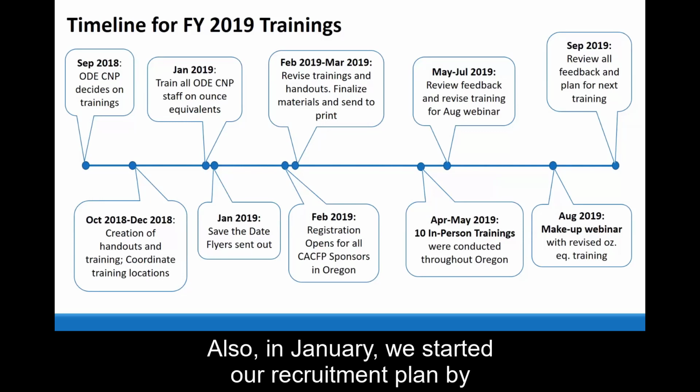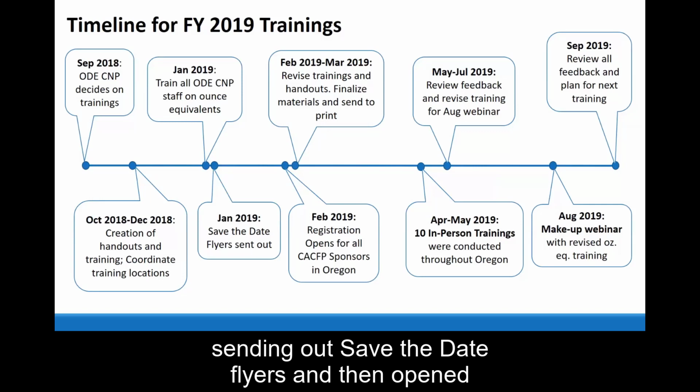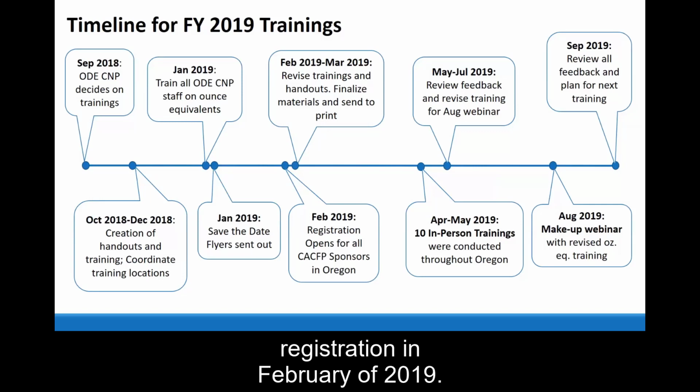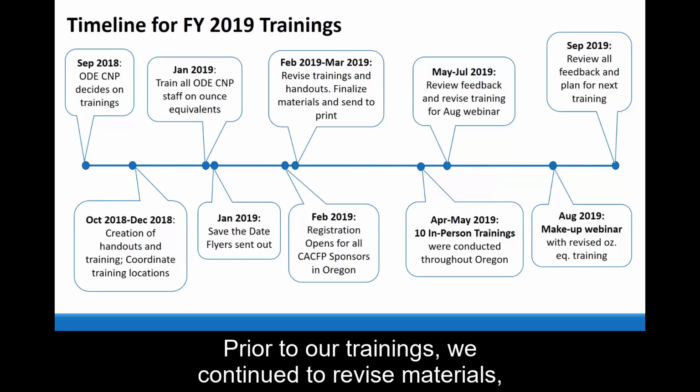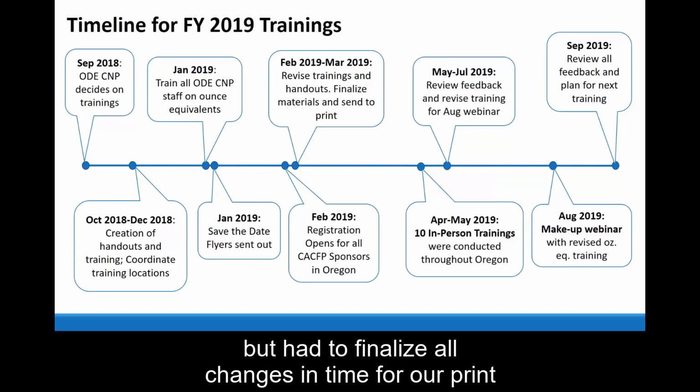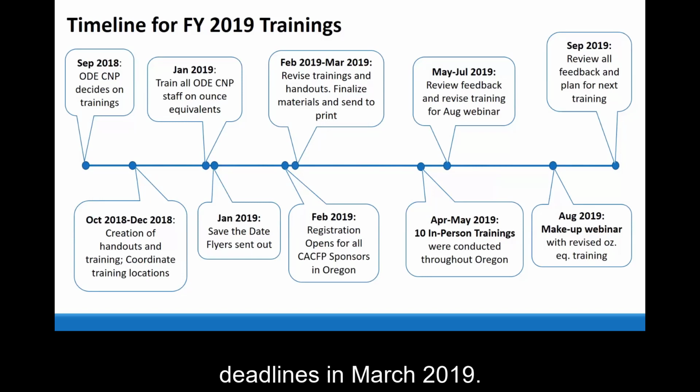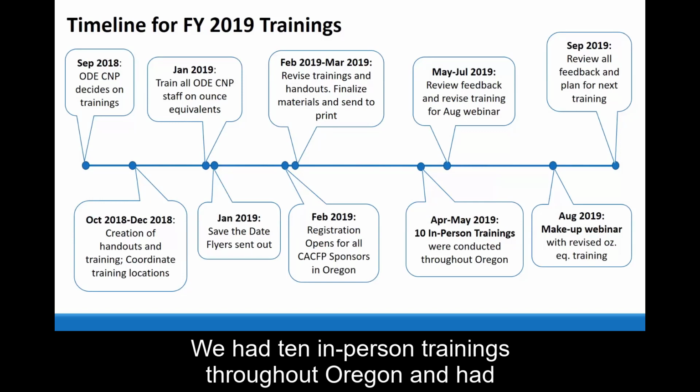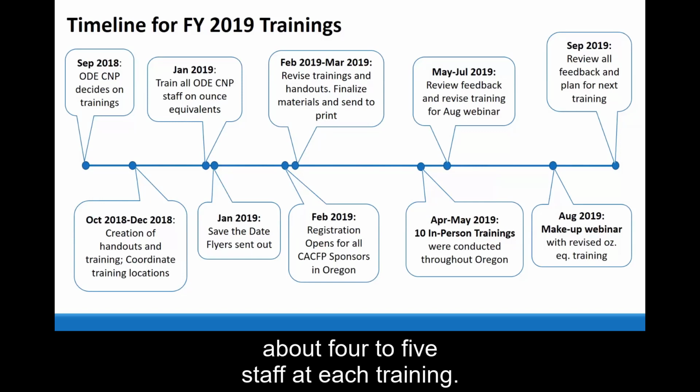Also in January, we started our recruitment plan by sending out save the date flyers and then opened registration in February of 2019. Prior to our trainings, we continued to revise materials, but had to finalize all changes in time for our print deadlines in March 2019. We had 10 in-person trainings throughout Oregon and had about 4 to 5 staff at each training.